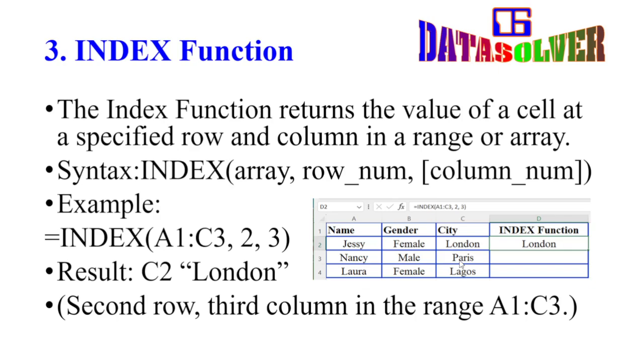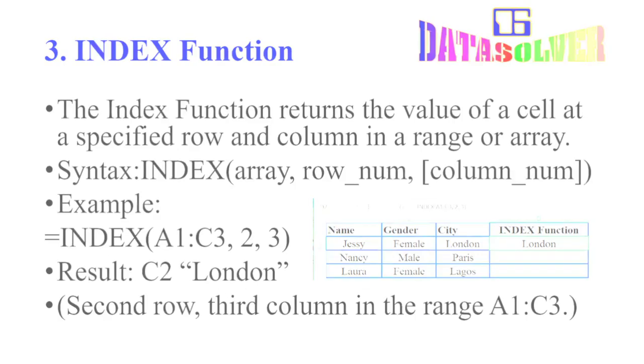What we are trying to do is use this INDEX function. The 2 is referring to the row, while 3 is referring to the column. So we have row 1, 2, and for columns, A will be 1, B will be 2 and C will be 3. So the value we're looking for is C2, which is London, as you can see.